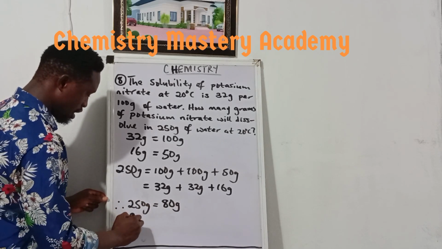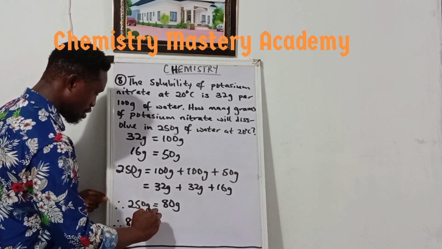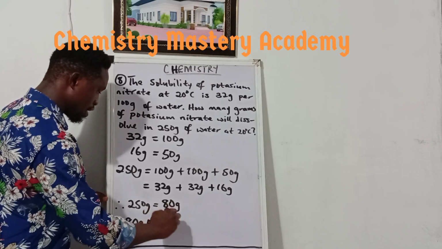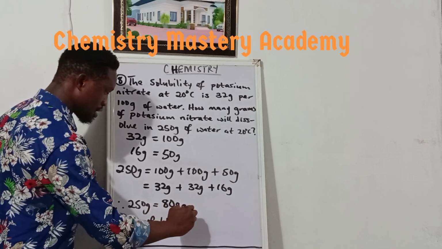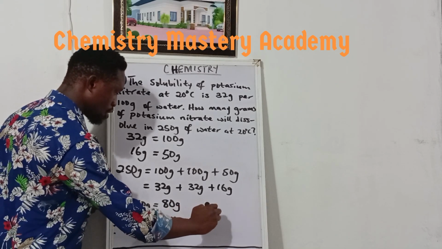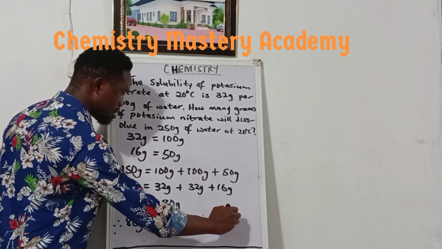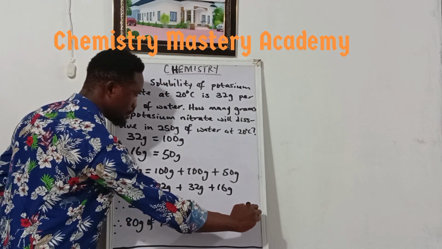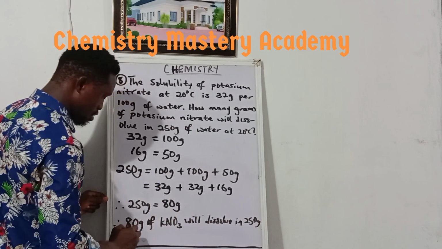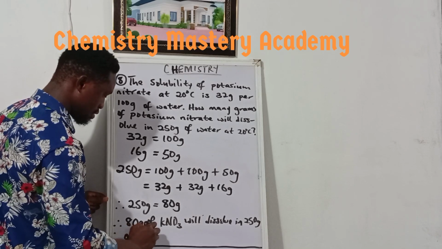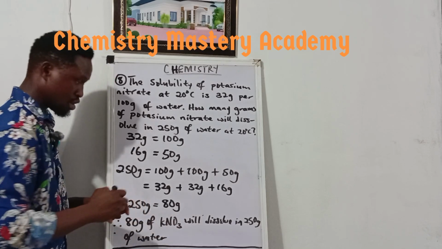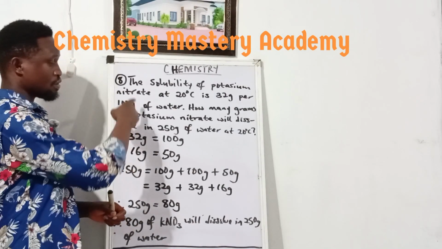Therefore, 80 grams of KNO3, potassium nitrate, will dissolve in 250 grams of water. So this is another method to solve this question.